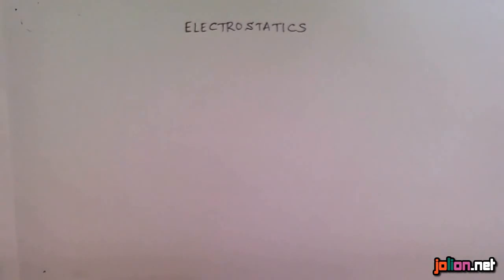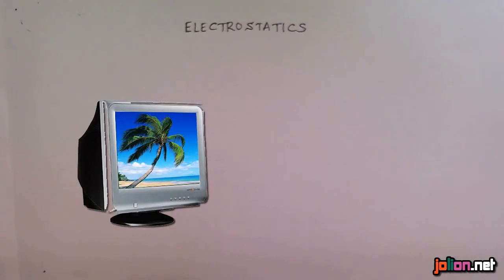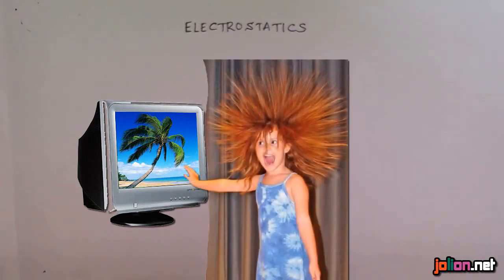To give an example of stationary electric charges, if you are somebody who has used a CRT monitor, one of those old type of monitors, you would have noticed that you would get a mild shock if you touch the screen of one of those monitors if they had been running for a while.